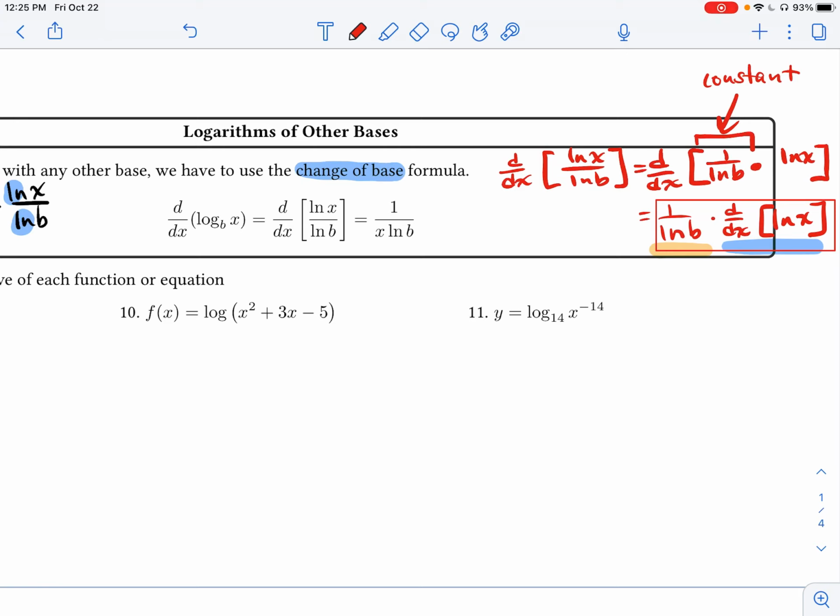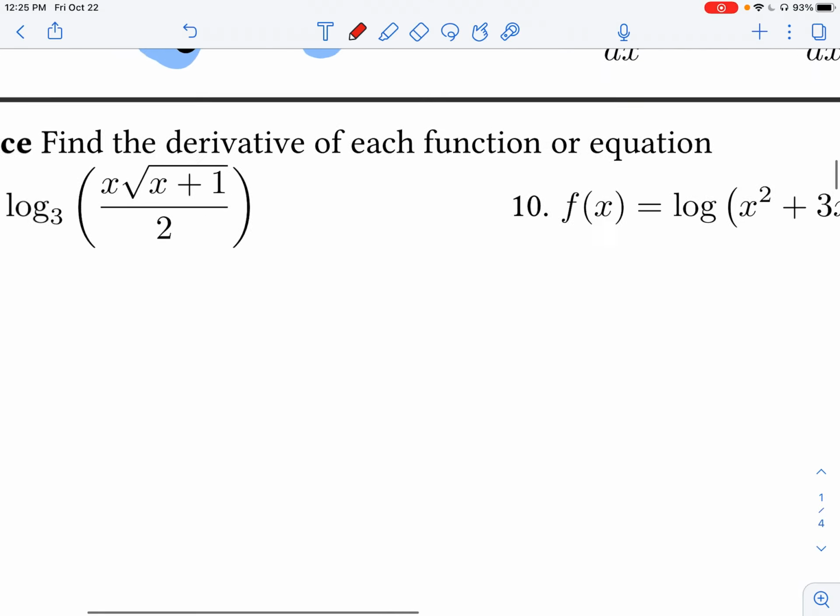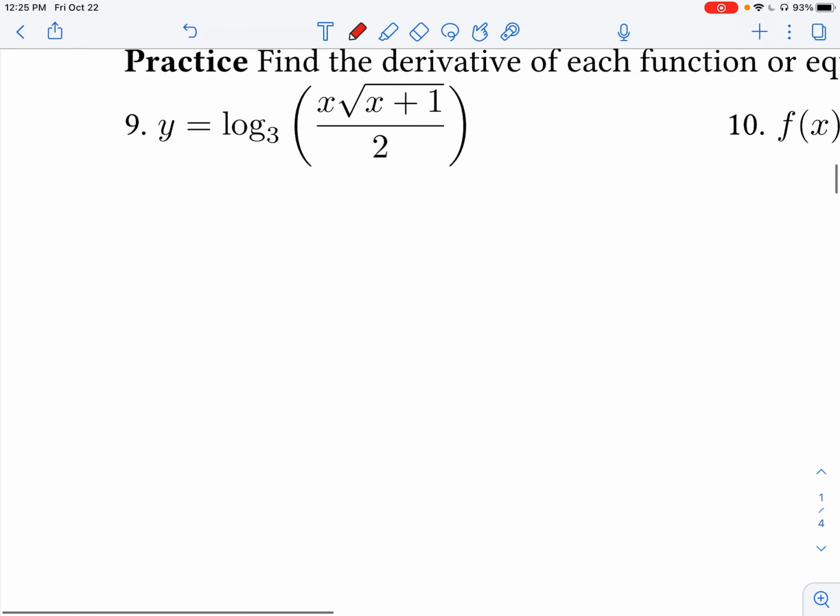So let's do an example of this right now. Let's do this one here. This is going to be initially a little bit challenging, but I think it'll make a lot of sense if we can use some log properties. Actually, let me just do the derivative first, and then we can apply some log properties. So we've got y prime.